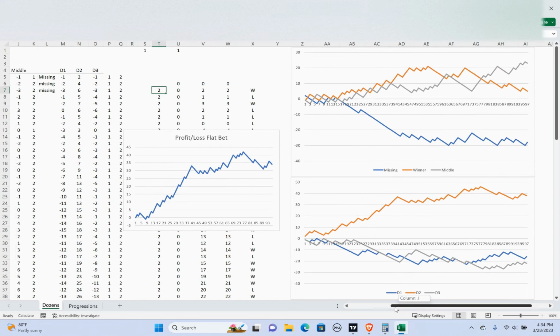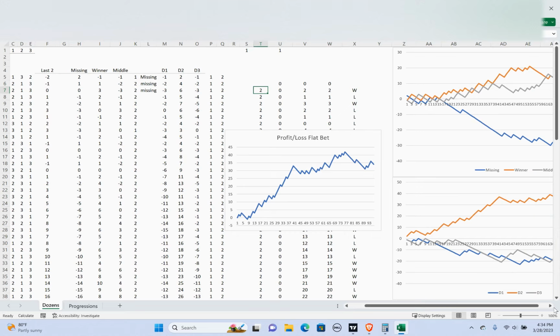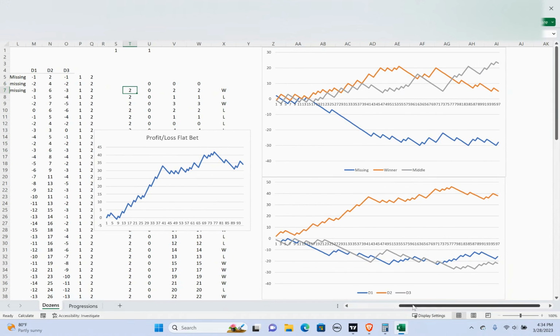In today's video, I'm only going to be talking about the dozens. I've left the columns out for now, just because it's too much data at once. So just on dozens. But I noticed not only could you focus on the performance of the dozens, but you could also focus on the performance of following the winner, so whichever dozen came out last.